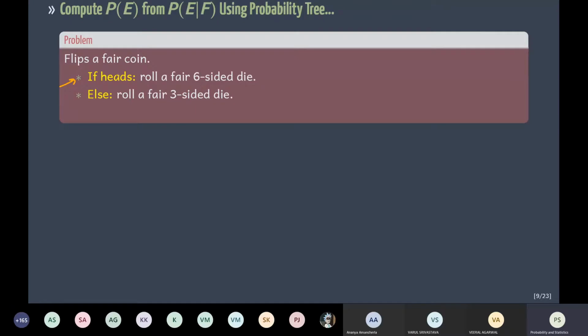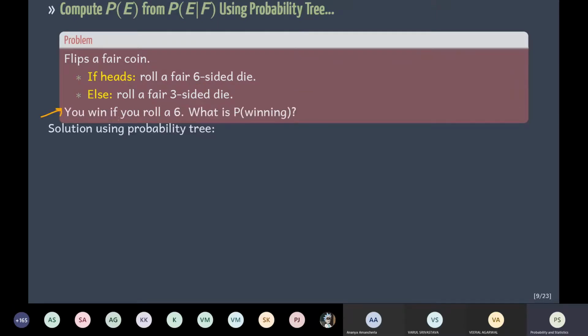You can already see there are two things involved: there is a coin and then there is a die. Coin decides which die you are going to throw. So there are two types of die here: 6-sided one and 3-sided one. If it comes out to be head, then you roll the 6-sided die, and if it comes out to be tail, then you roll the 3-sided die. Okay, that's the experiment.